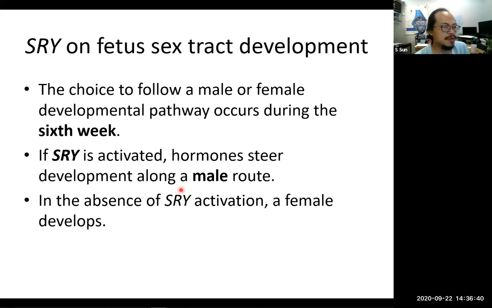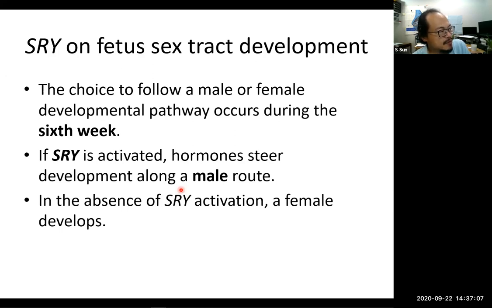The time to develop into the infant is about 8-9 weeks after the fertilization. And right before the 8-9 weeks, the choice of becoming a male versus a female is at about 6 weeks.